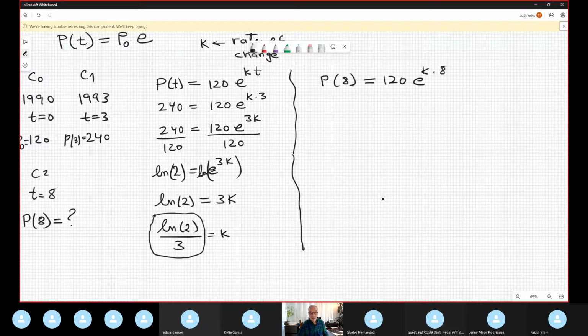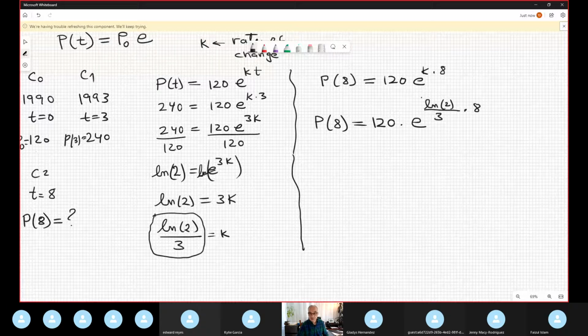Okay? Actually, I put in a calculator something like that: 120 times exponential, and you put k as natural logarithm of 2 divided by 3, times 8. And this is forming the exponent of this exponential.